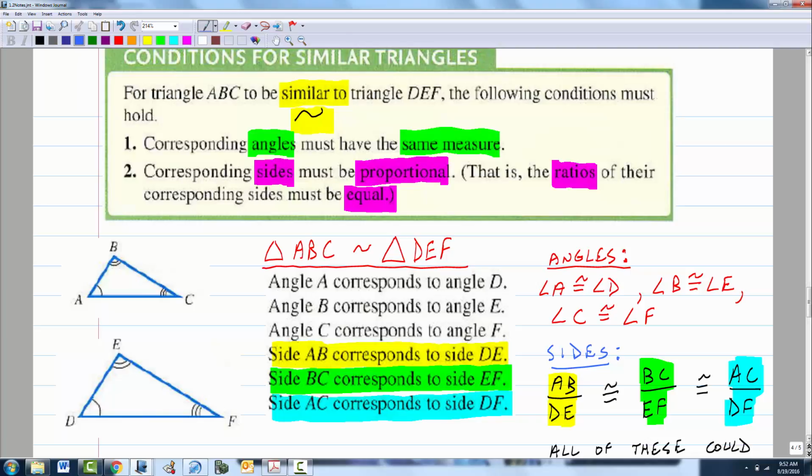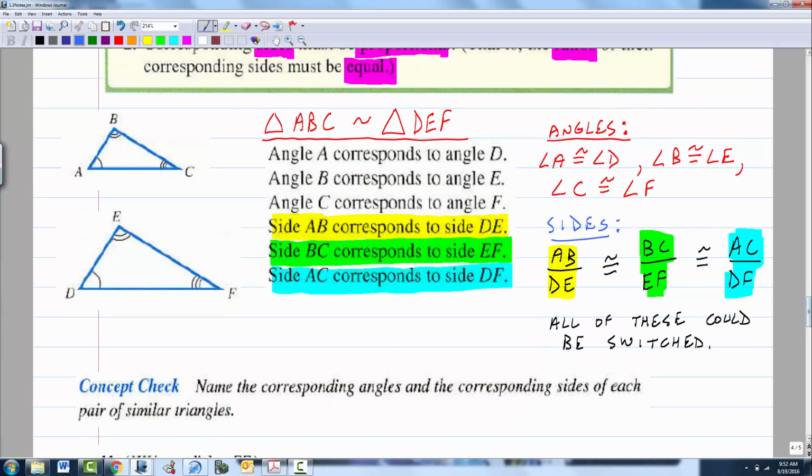So corresponding angles have the same measure, but the sides are proportional, right? So what does it mean to be proportional? It means that a set of fractions equal each other. So the angle measures themselves that correspond are congruent.